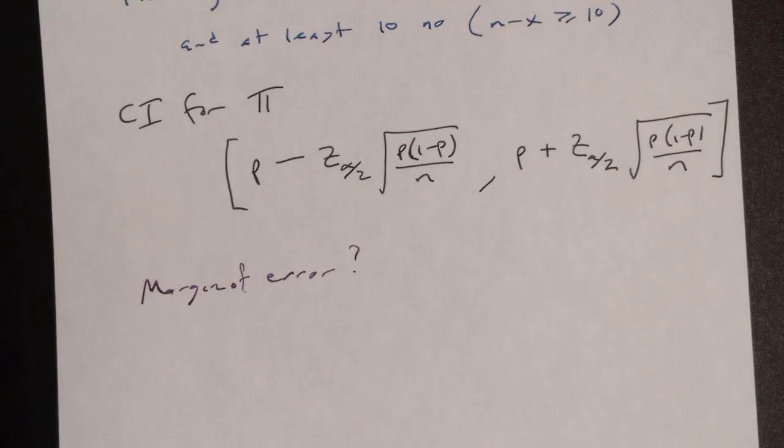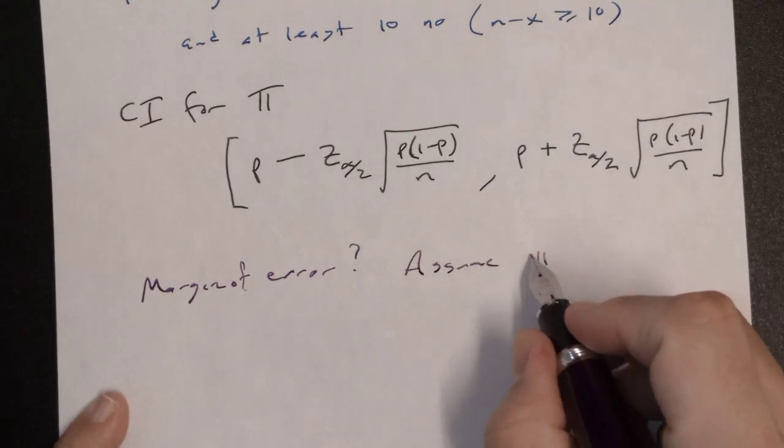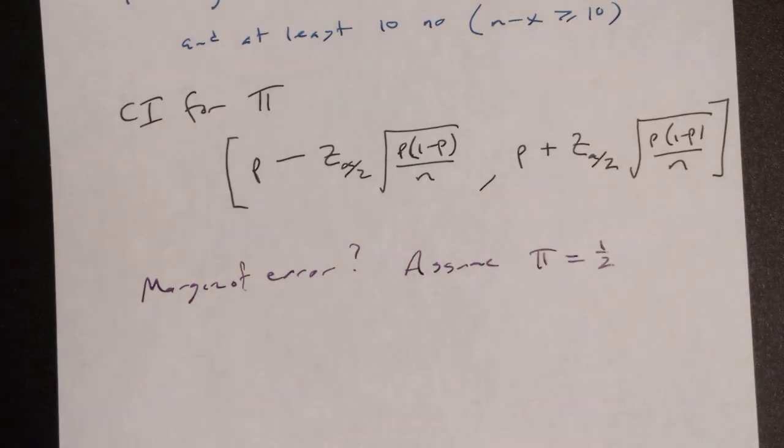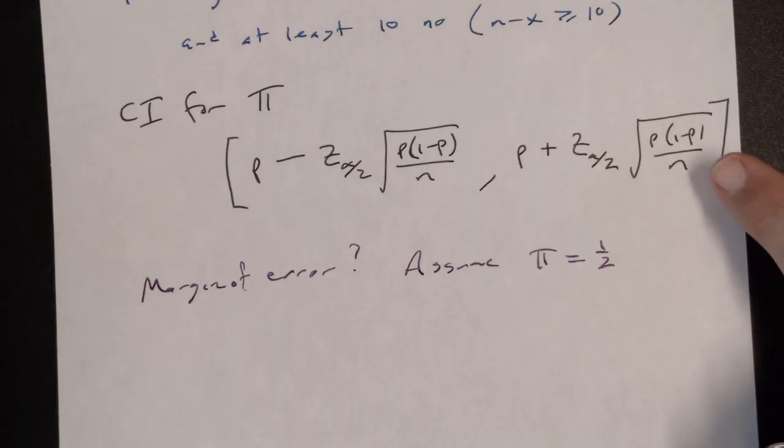That's assuming the population proportion, pi. So if I assume that that's 50-50, then this no longer depends on what P is. That's assumed.